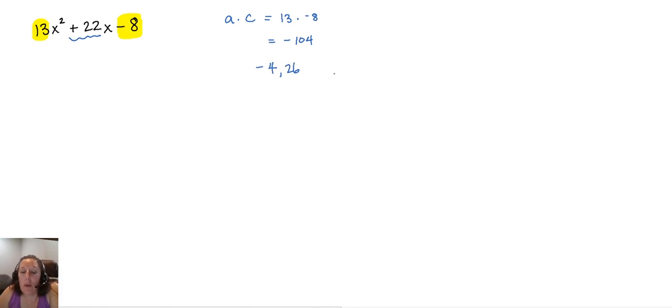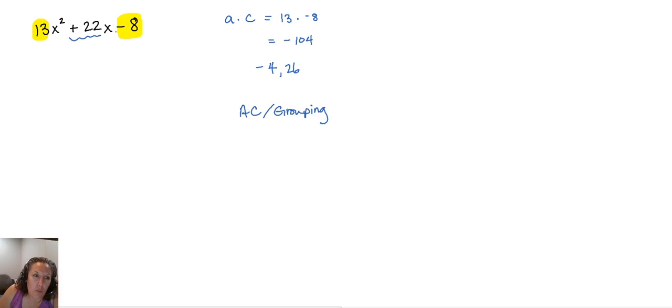Now from here, there's a couple of different ways you can do this. You can use what's called the AC, or sometimes called the grouping method. And so the AC grouping method is kind of going to go the reverse of what we do when we are multiplying binomials.